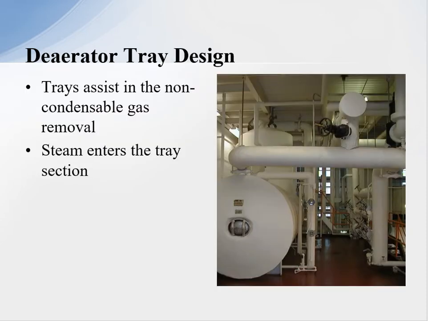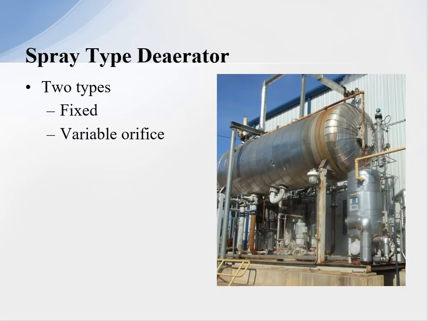Just a comment on deaerator tray design. Trays assist in the non-condensable gas removal. So up here there are trays where the water comes and drops across the trays and drops into the bottom of the storage tank, and down below here is feed water. Now the spray type is 2 types, fixed and variable orifice. The makeup and condensate comes in here, sprays out, hits a diffuser system, and the non-condensable gases are removed.